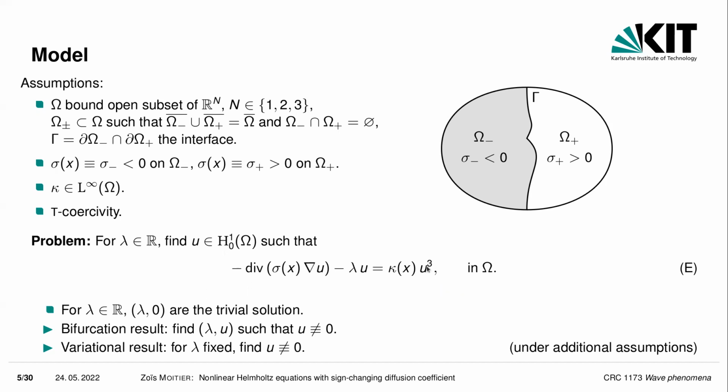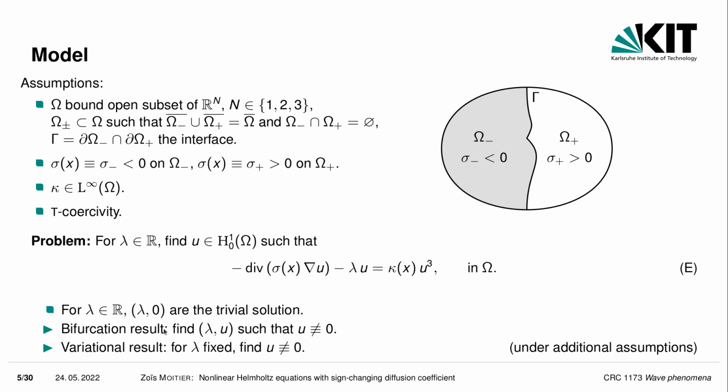And so in this equation, we can directly see that it has a lot of solutions, because for any lambda, u equal 0 is a solution. So we actually have a set of what are called trivial solutions, which are all the solutions of the form (lambda, 0). And the question is, does there exist a non-trivial solution to this equation? We have two types of result.